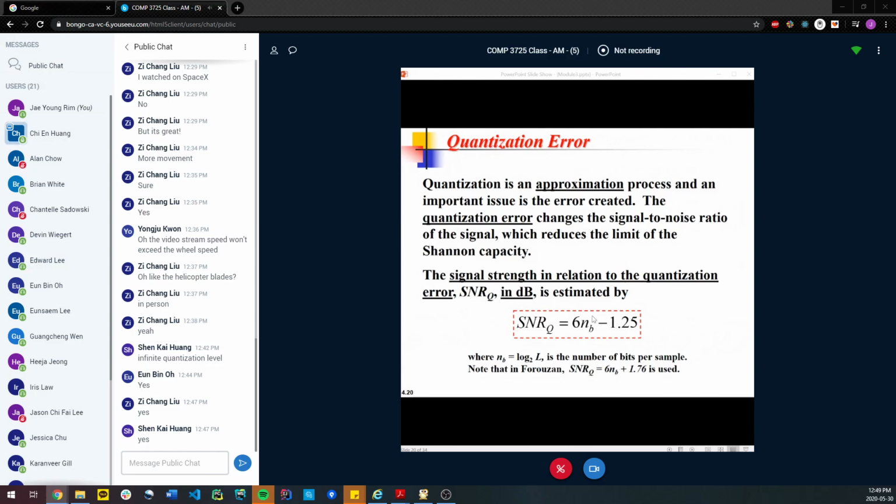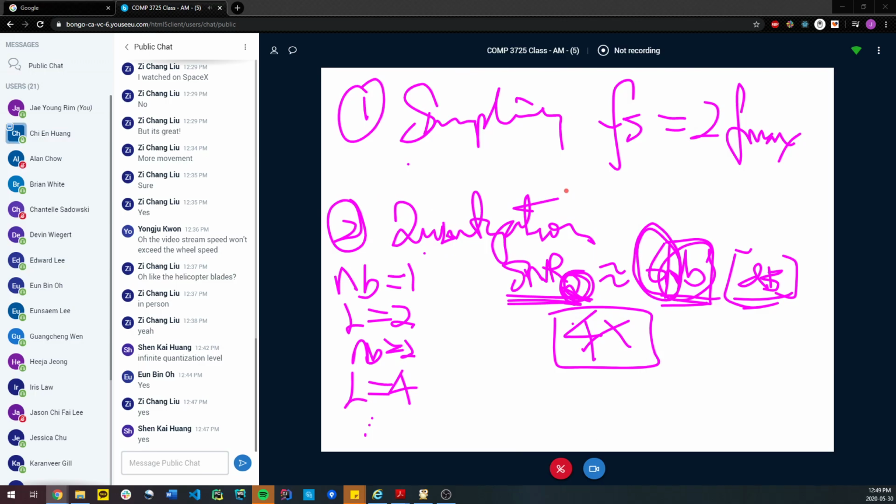But the basis behind it is that every time you add more bits to represent each level, you're doubling the number of levels, and you are decreasing the approximation error by 4 times. Okay, and so if we talk about how to solve this, your sampling is determined by 2 times Fmax, and your quantization is approximately 6 NB.